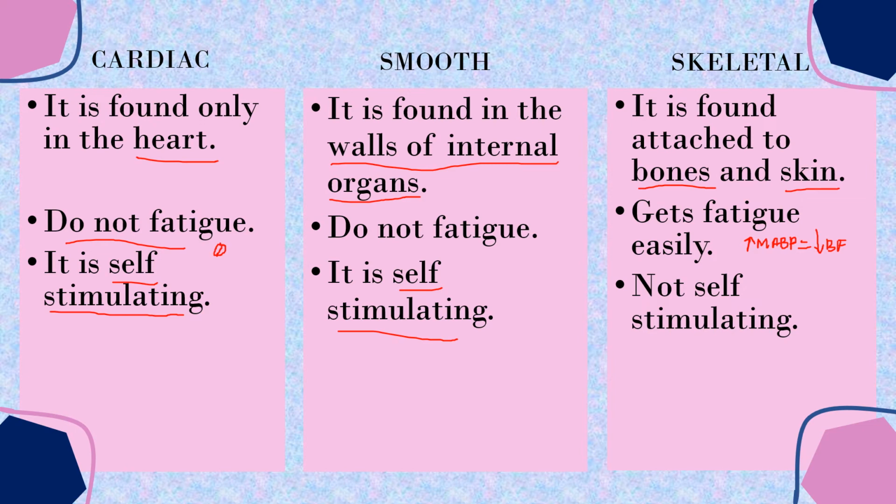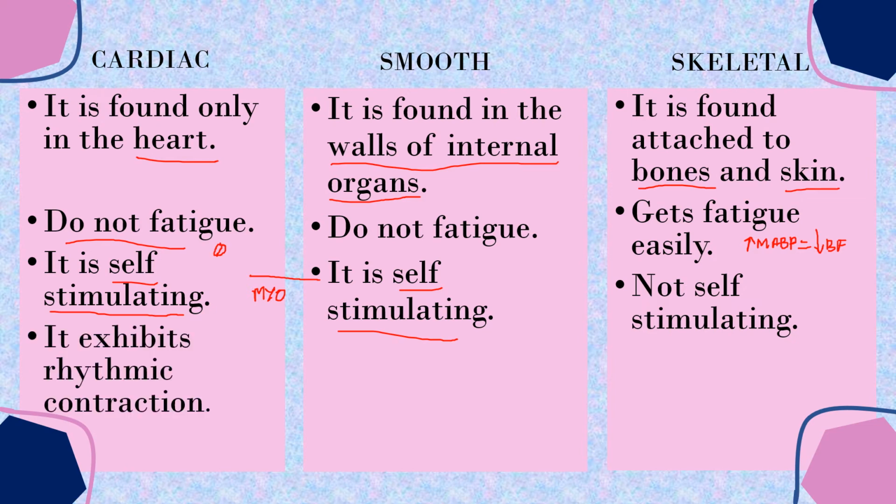So cardiac and smooth muscle tissue are said to be myogenic because they are self-excitable regardless of the electrical impulse from the central nervous system.